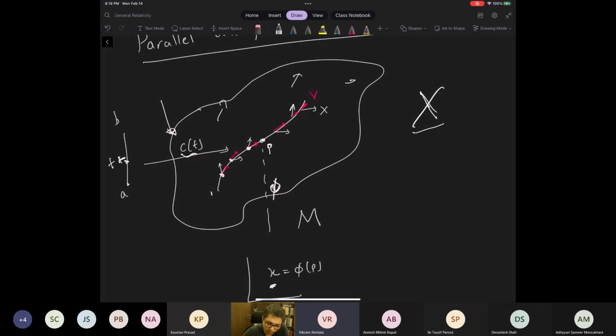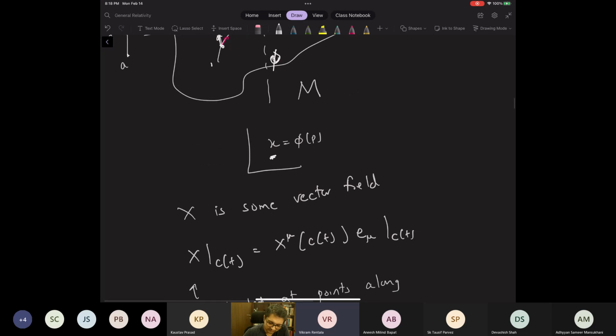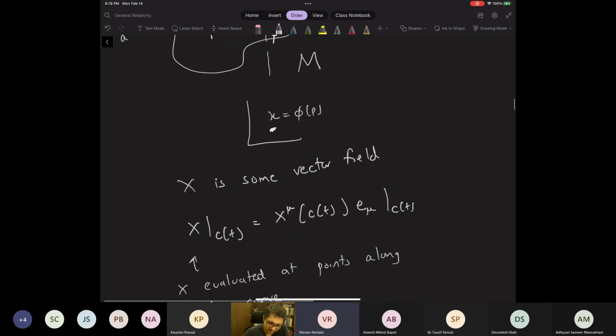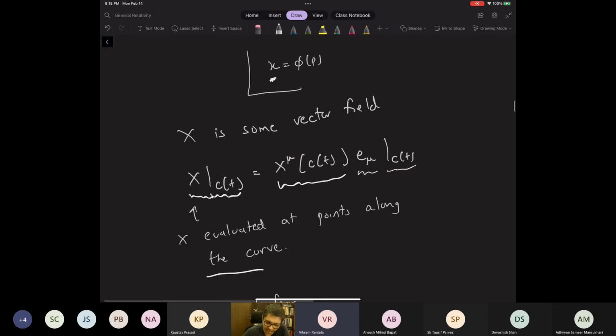These white arrows show the X vector field on the curve at different points, so those give me the X vectors along the curve. So I'm evaluating X along this curve C(t), and in coordinates, that is X^mu(C(t)) e_mu, evaluated on the curve. So X evaluated at points along the curve.